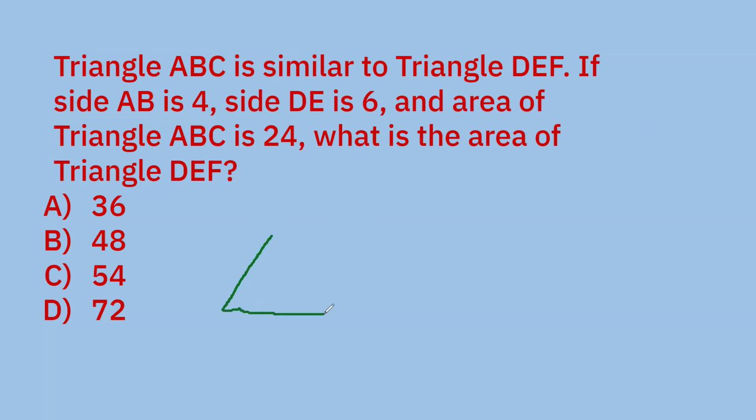All right, so this will be triangle DEF or ABC, right? Great. And then what we want to do here is make two triangles and sort of think about how they're related to each other. Okay. So AB, they tell us, is 4.